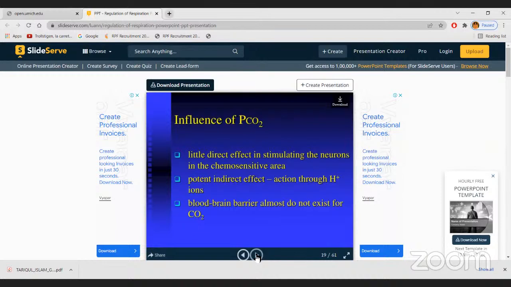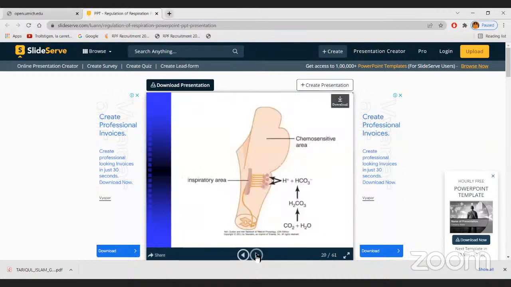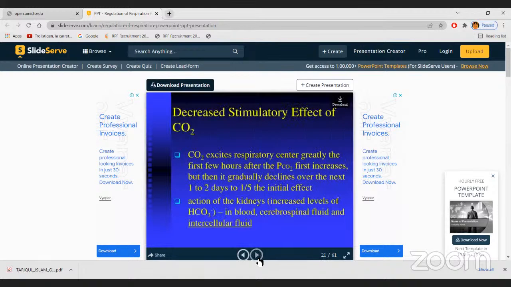The blood-brain barrier almost does not exist for carbon dioxide. So this is the chemosensitive area receiving hydrogen ions from carbon dioxide. Decreased stimulatory effect of carbon dioxide.